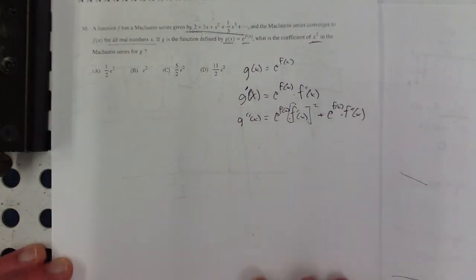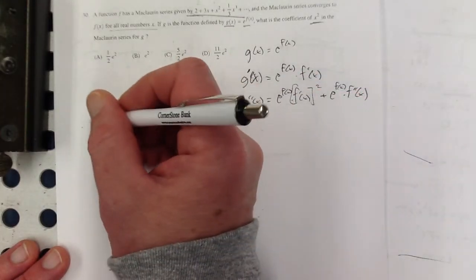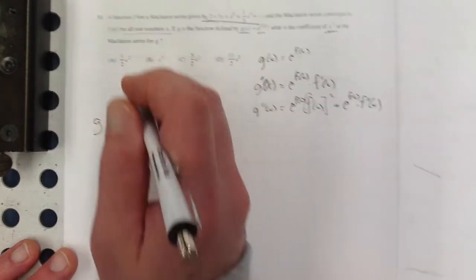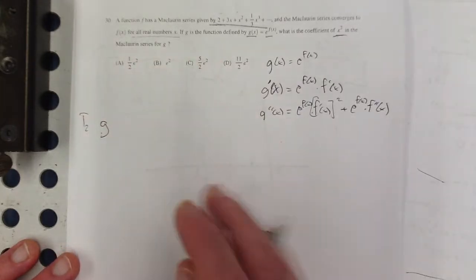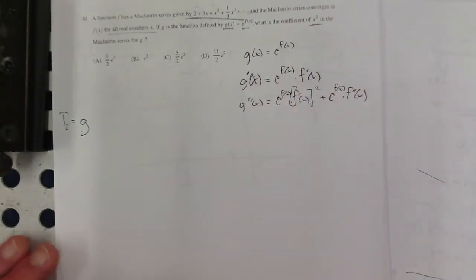Okay, so the series for the g function, the series for any function, this would be like the second degree polynomial. I'm only going to write that many terms because that's all I need to get that coefficient.